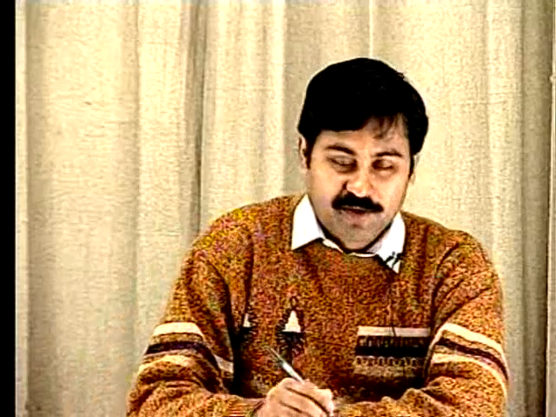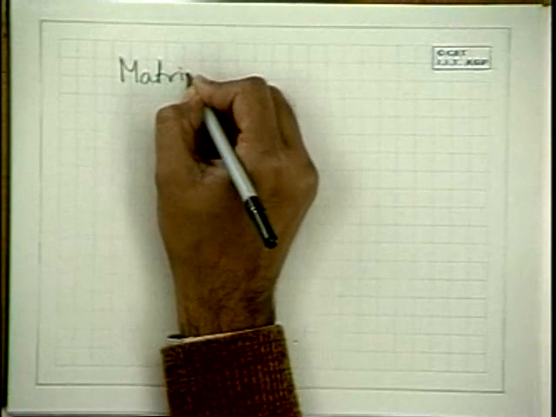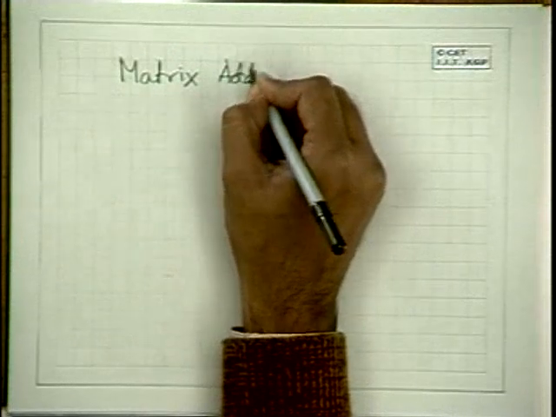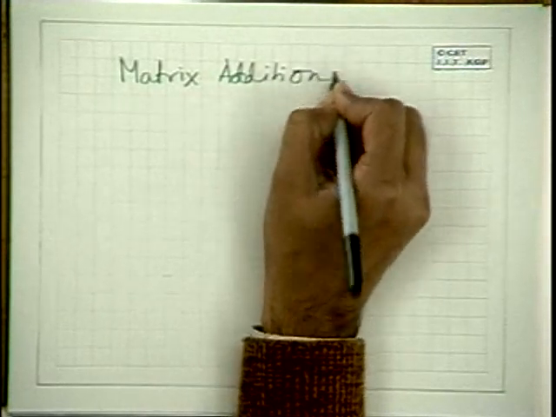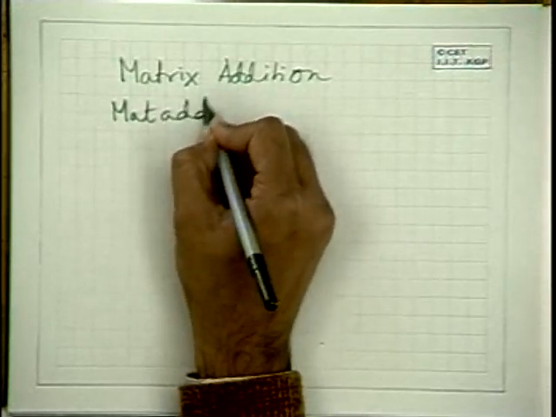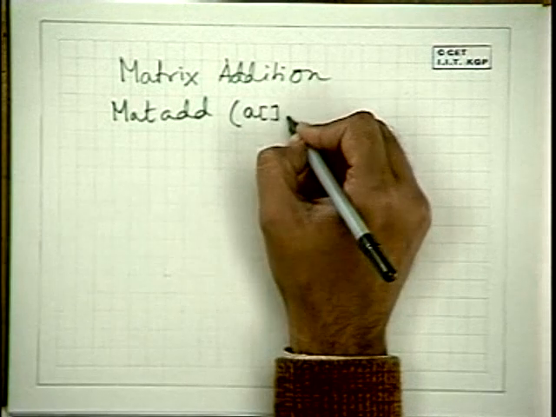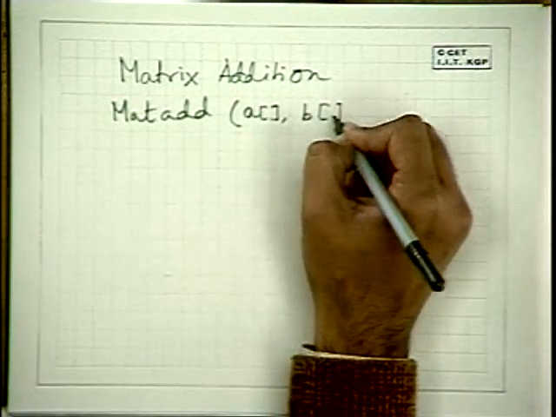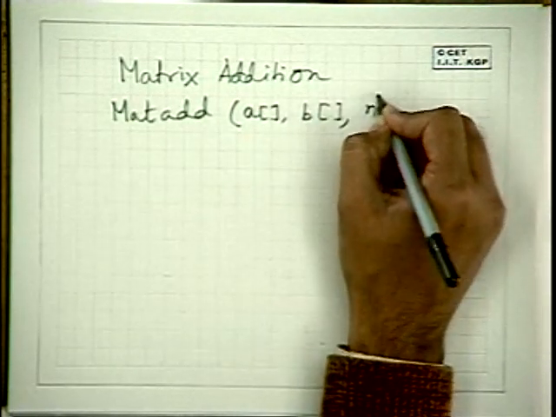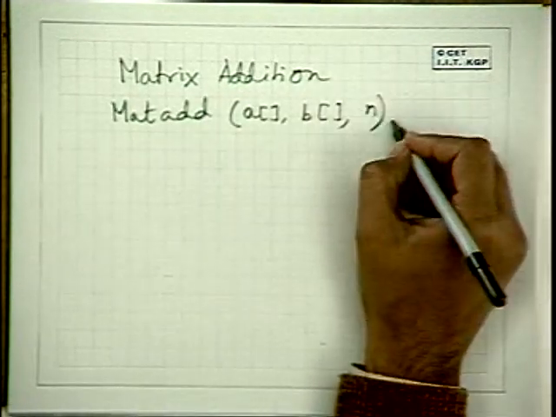So let me write one very small and simple program, which is called, say, matrix addition. So this is mat add. It takes two double-dimensional arrays A and B, and n is the size, suppose it is an n by n matrix.